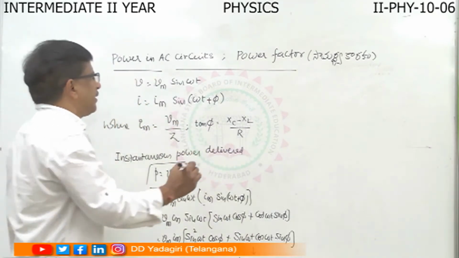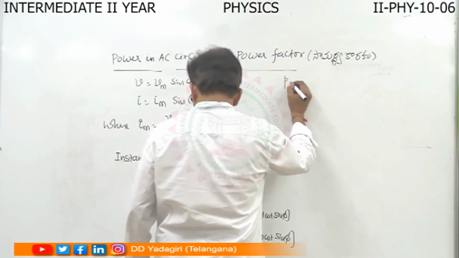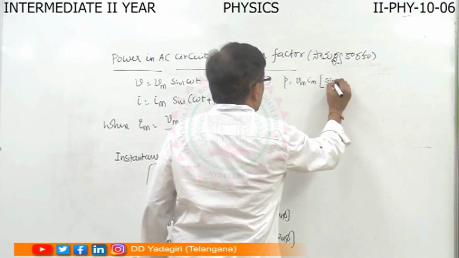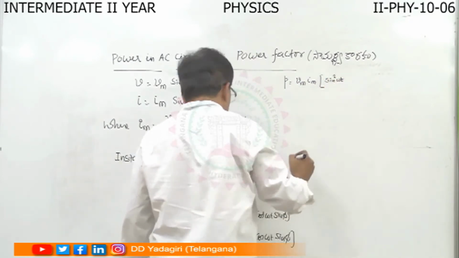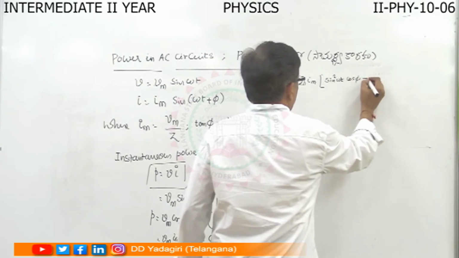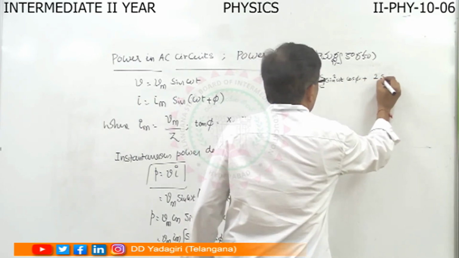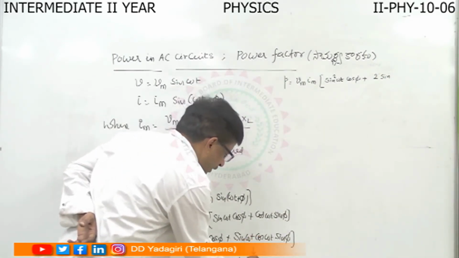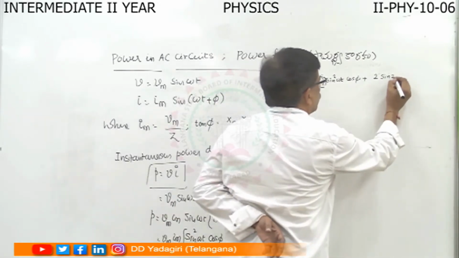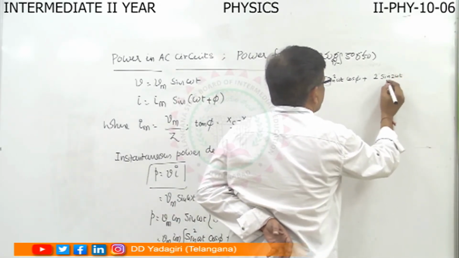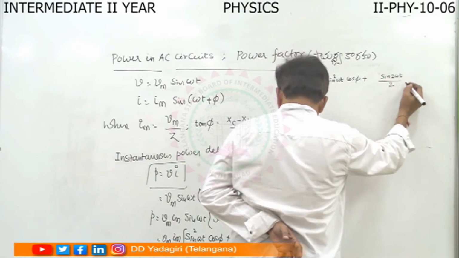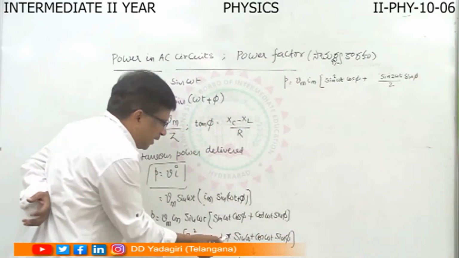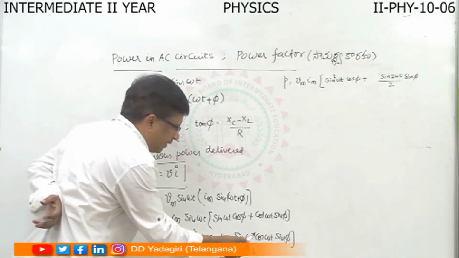So the next step I write it as P is equal to Vm Im sin² ωt cos φ plus ... sin 2ωt sin φ. Here sin 2θ is 2 sin θ cos θ.